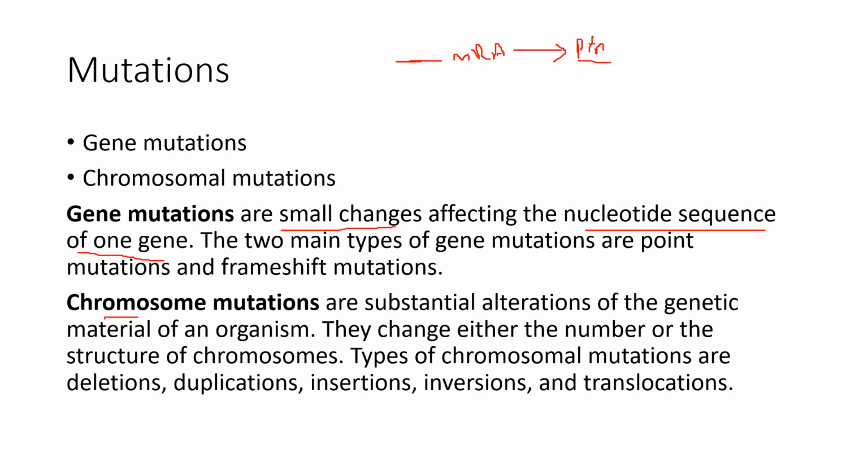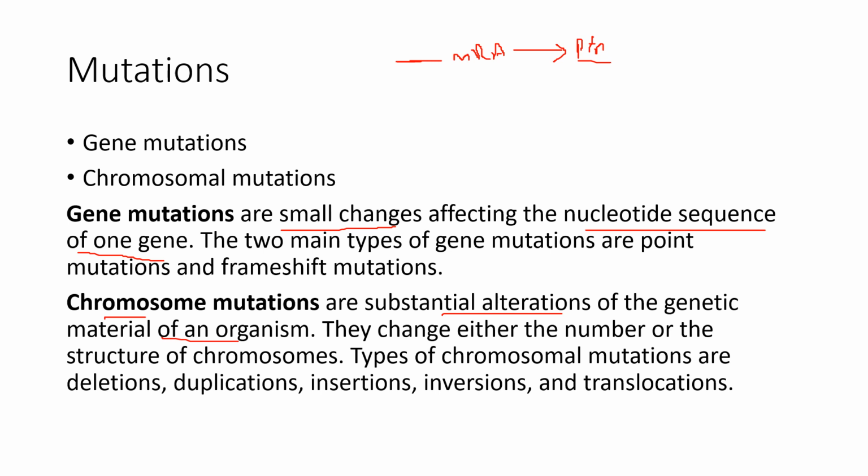The next one is chromosomal mutation, or substantial alteration of the genetic material of an organism. This means that there can be structural changes in the chromosome, or there can be a change in the number of chromosomes.